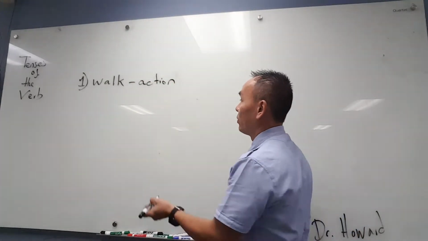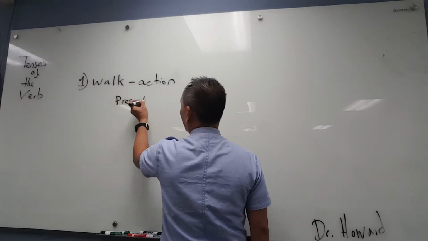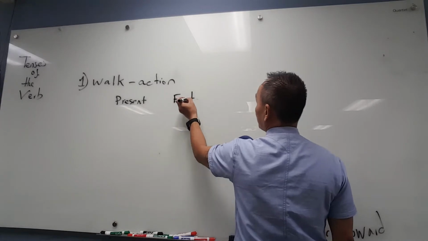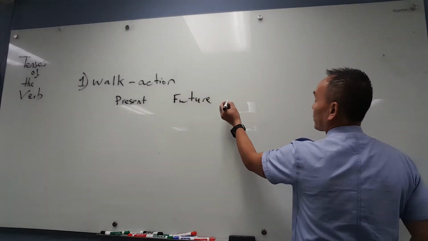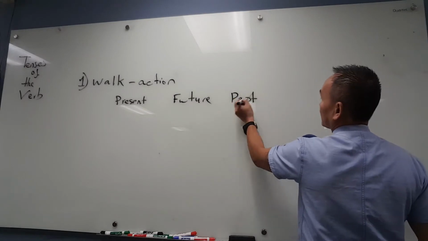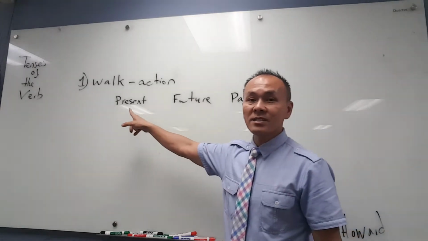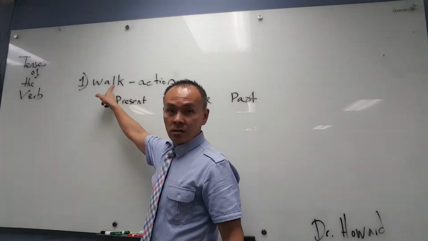Okay? So you can use walk in the present. You walk in the future. You can use walk in the past. These are the three basic forms, basic tenses of the verb to walk.